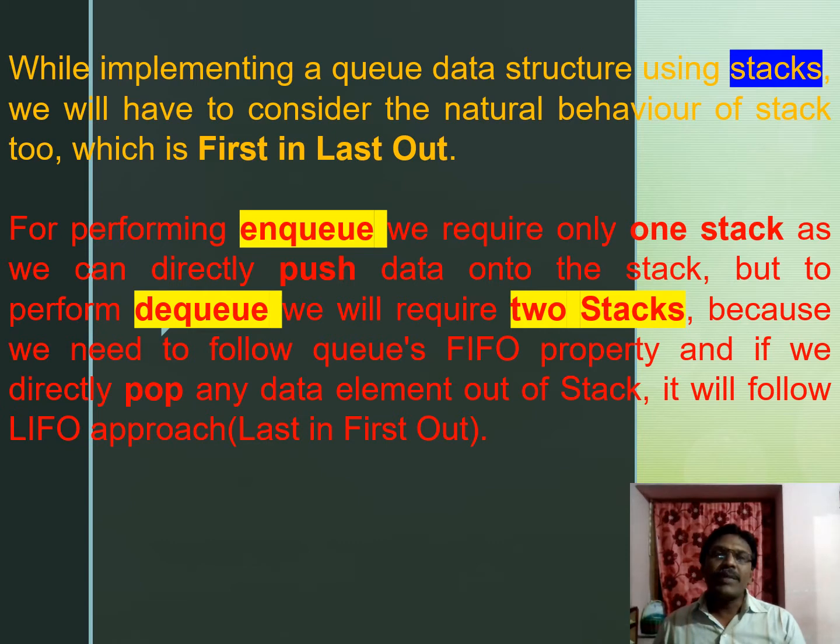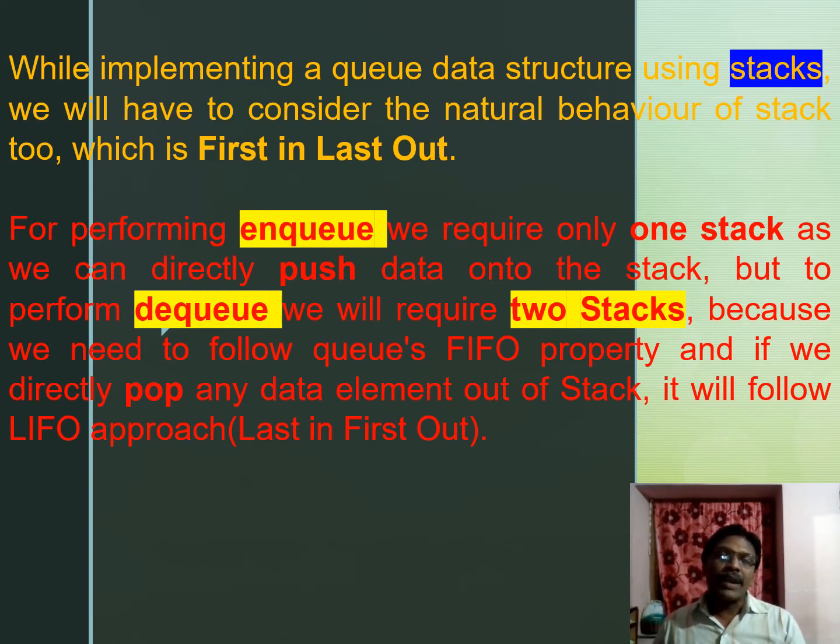While implementing a queue data structure using stacks, we have to consider the natural behavior of a stack, which is first in, last out. It is an entirely different operation from a normal queue.